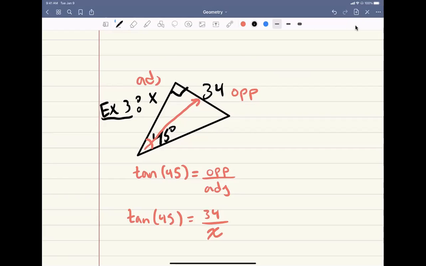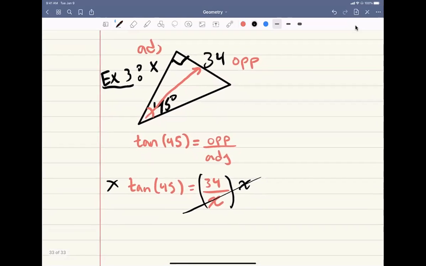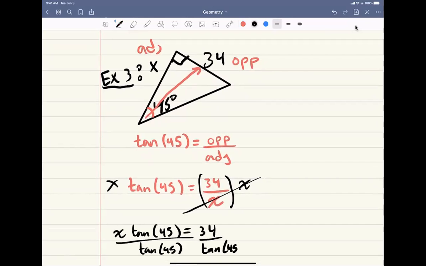You're always going to start out by canceling out the fraction, okay? So we're going to get rid of the x from the bottom, and that's going to cancel out, and we're going to have x tangent 45 equal to 34. And then when you divide both sides by tangent of 45, you're going to get the following answer.